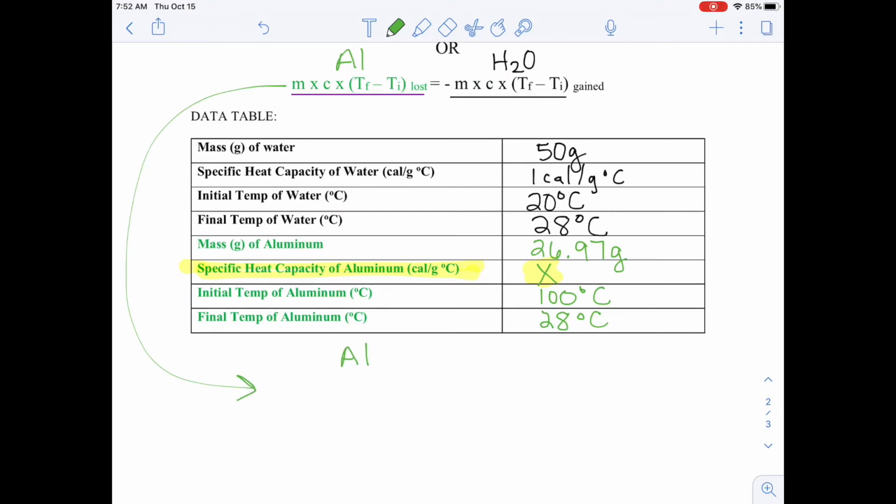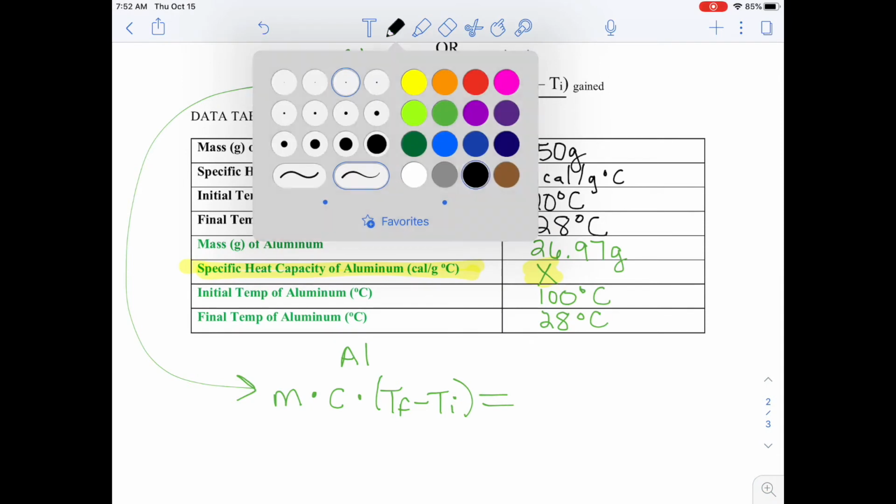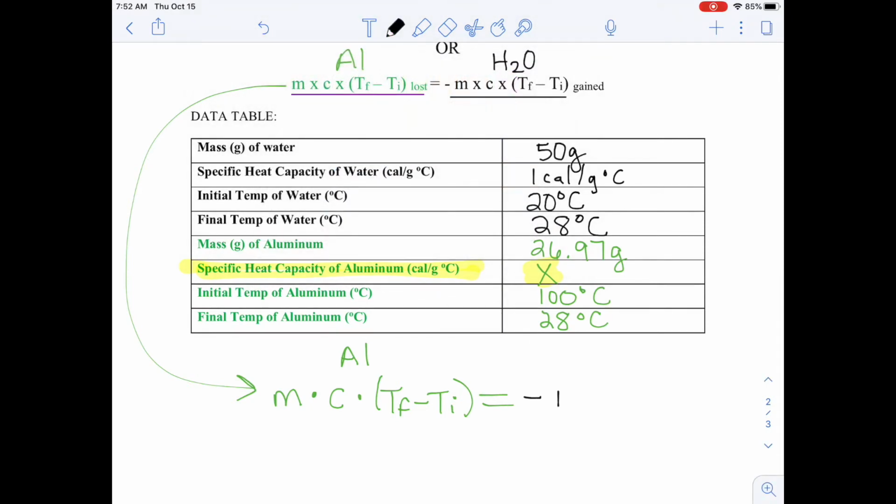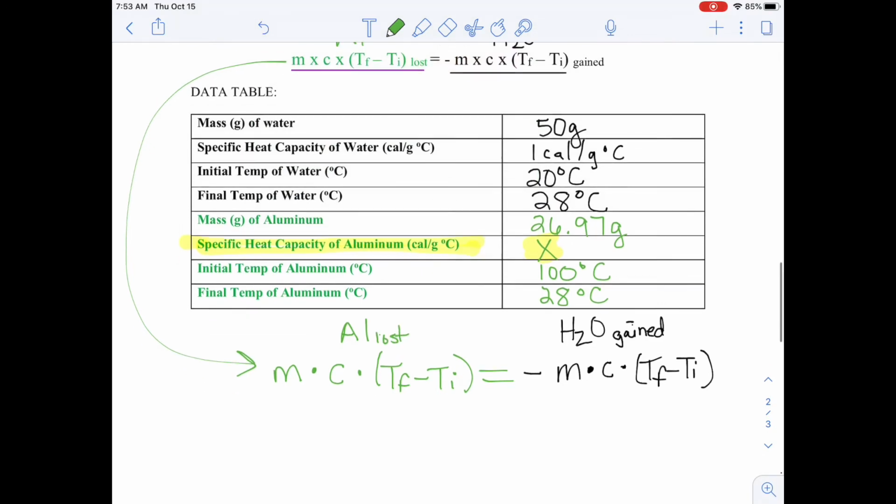So if we set the amount of heat lost by aluminum, the mass times specific heat times T final minus T initial, equal to the negative amount of the water, mass times specific heat times temperature change, T final minus T initial, gained. So remember, the cool temperature of the water in the styrofoam cup is gaining some of that heat energy that aluminum is losing.